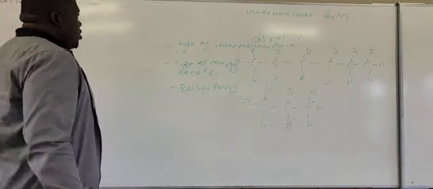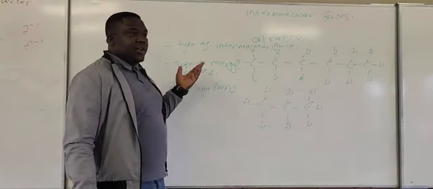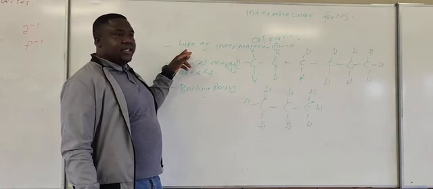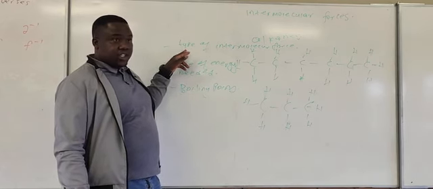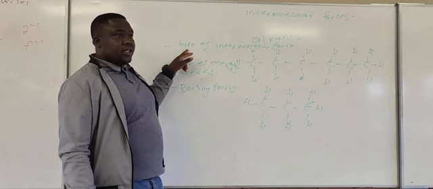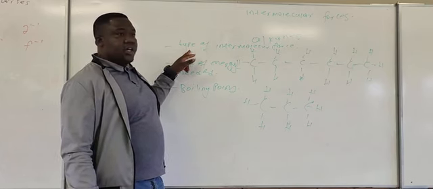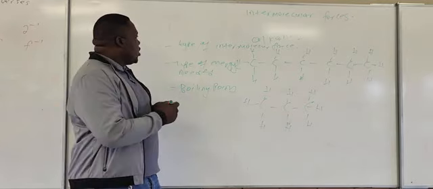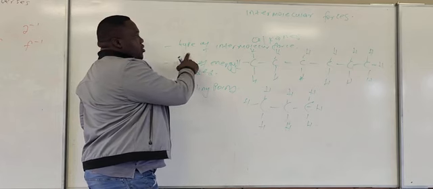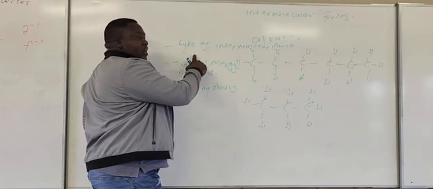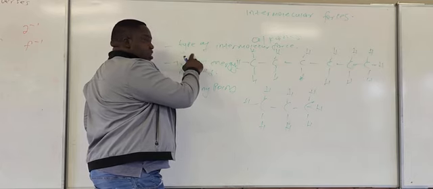So it means the type. Let me give you an example. Let's say the type of intermolecular force is hydrogen bond. It means you need to give the type of the intermolecular force, whether it is stronger or it is weaker.